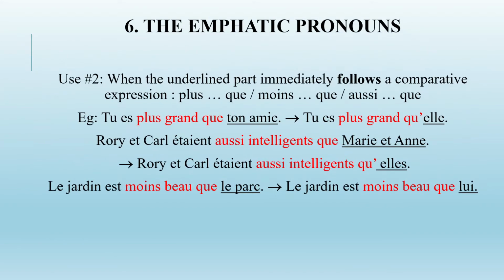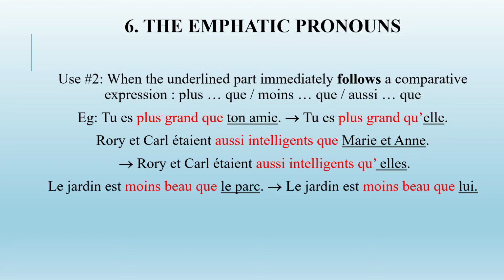The second use of the emphatic pronoun is very, very easy to identify, is when you have a comparative expression, that is more beautiful than, okay, less beautiful than, as beautiful as, okay, things like that. Comparative expressions, you've done this in depth last year. Okay, so whenever you have the comparative expression which comes before the underlined part, it's not in the underlined part, then the underlined part is replaced by the emphatic pronoun.